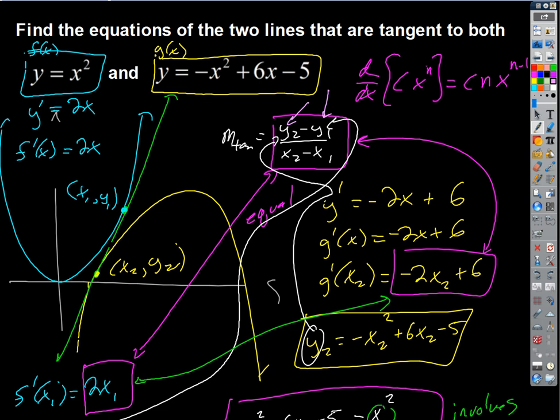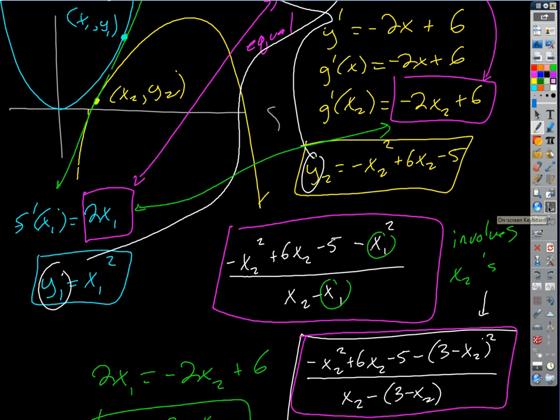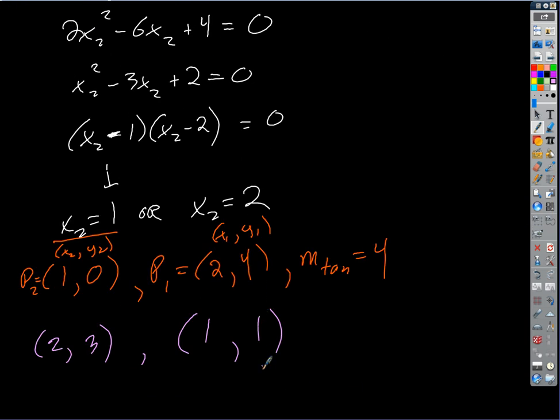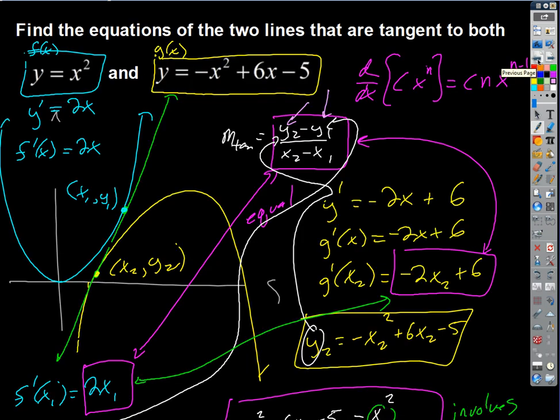That's just x sub 1 squared, right? So 1 squared is 1. So 1, 1. And now the slope of the tangent line is going to equal, let's use the easy one. So x1 is 1, and the derivative is just 2 times x sub 1, so it's 2. Okay?